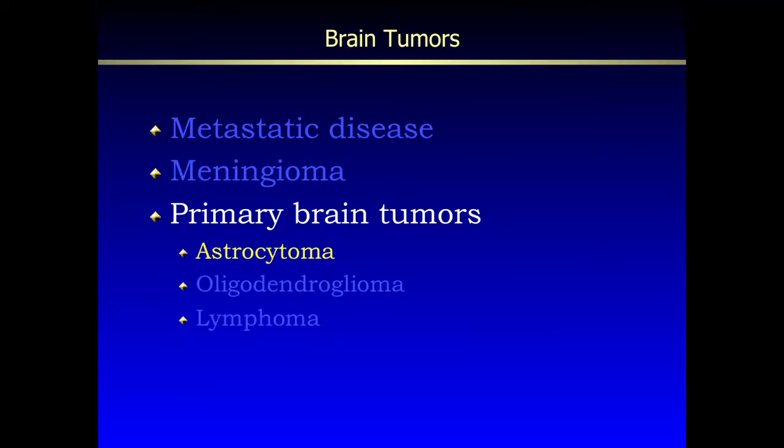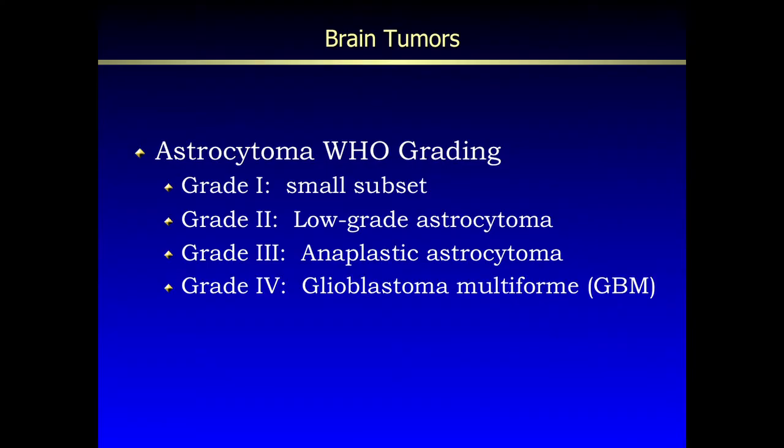Okay, so for the bulk of the talk, we're going to be talking about astrocytoma. Just to cover the World Health Organization grading system, there's only a very small subset of grade 1s that I won't cover, and most of these occur in children. Beyond that, you have a grade 2, which is a low-grade astrocytoma. Grade 3, which is anaplastic. This is a pathologic term that we apply to it.